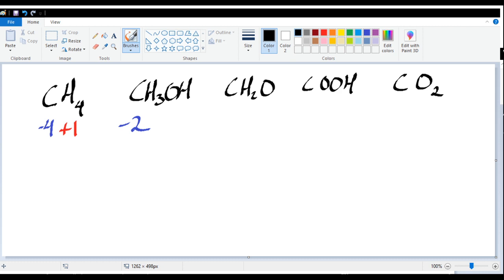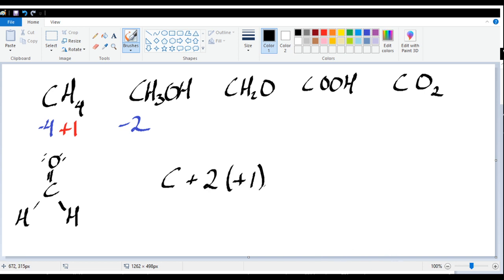Then we come over to formaldehyde, where we have carbon double bonded to oxygen, single bonded to each of our 2 hydrogens. So we keep on going, same as before. Carbon plus our 2 hydrogens. Each hydrogen is +1. And we still have just the 1 oxygen at -2.